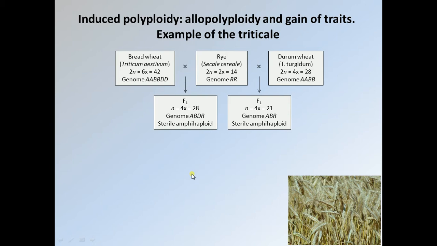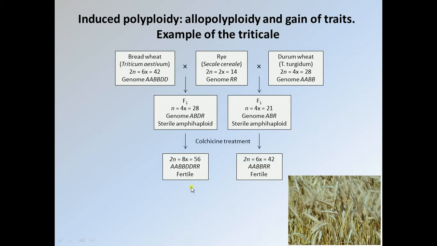So that's when the idea came to make polyploids of those. What you do is just use colchicine, as I told you, and then, surprise, doubling the amount of chromosomes leads to fertility again. Why does this happen? It's quite simple. In this case, as I told you, the chromosomes from genomes A, B, D, and R are not able to form proper duplexes during metaphase.